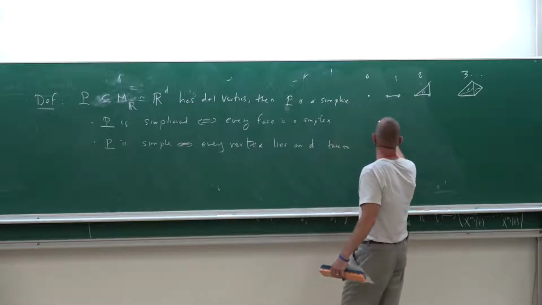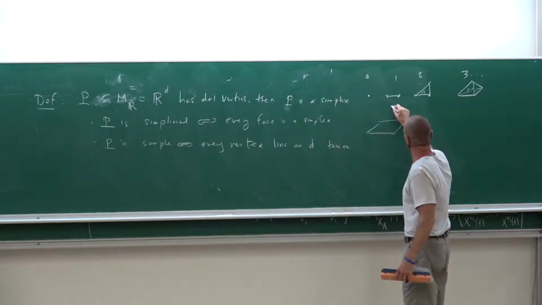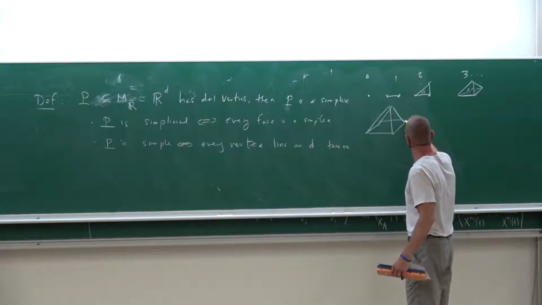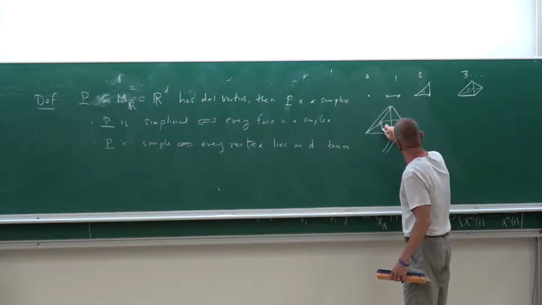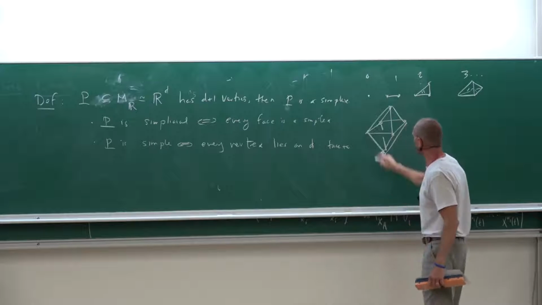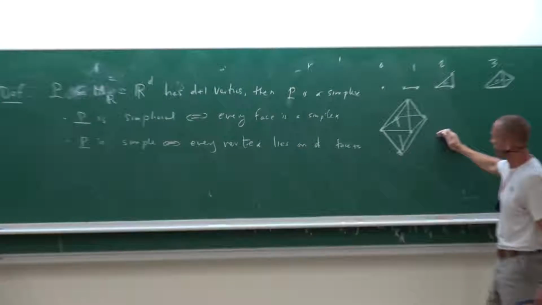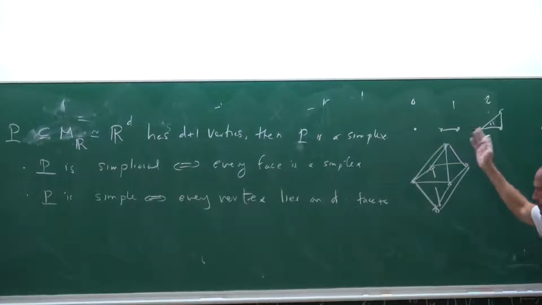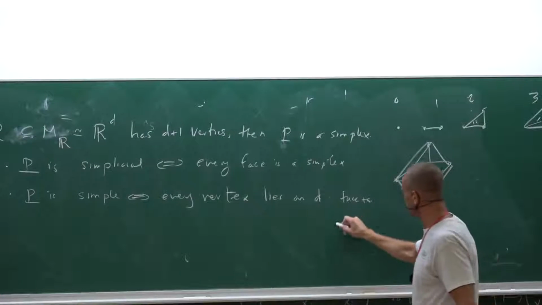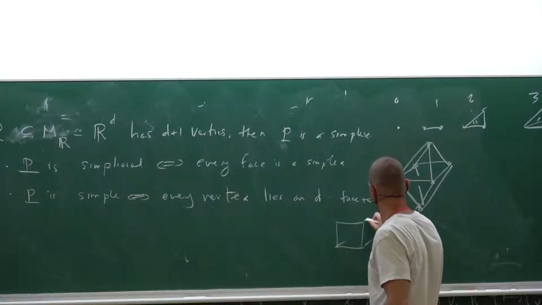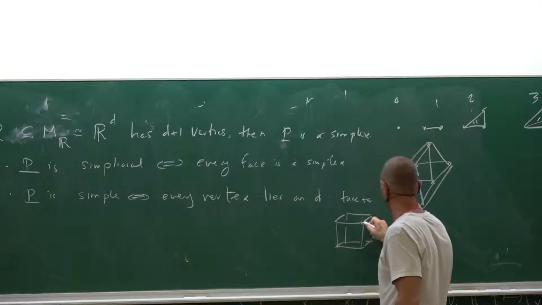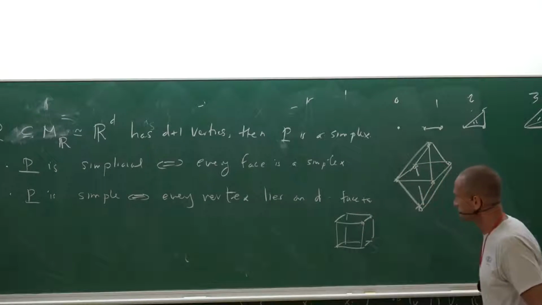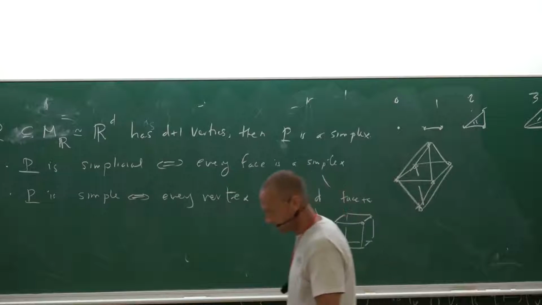So an example of a simplicial polytope would be the octahedron. This is sitting inside R^3, and every face of the octahedron is a triangle, so that's a simplicial polytope. A simple polytope would be the cube. Every vertex lies on 3 facets.